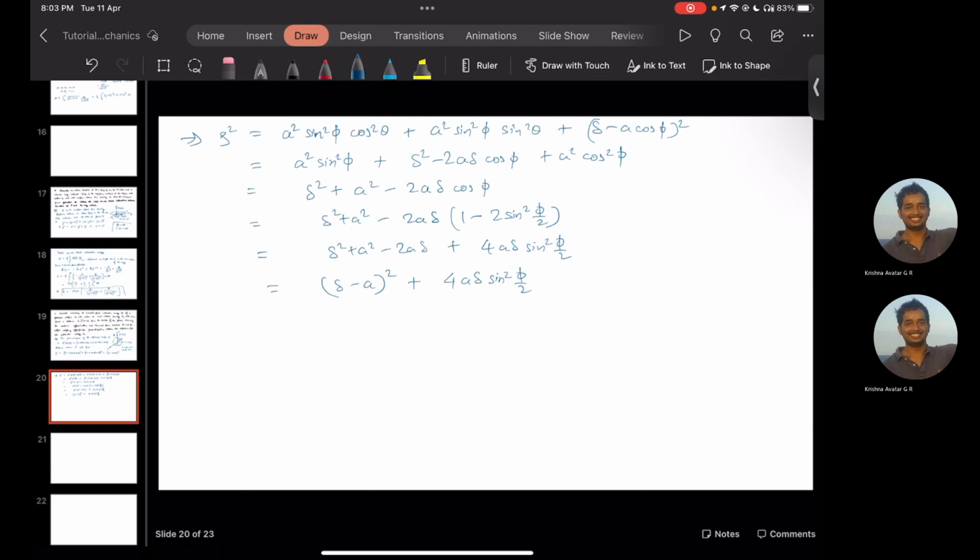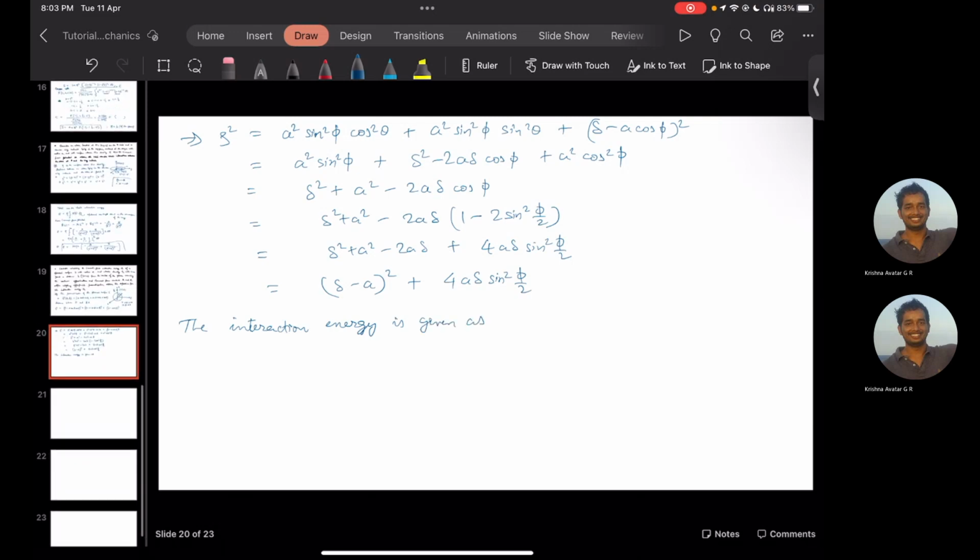Now let's write the expression for the interaction energy. It's given as E_S is equal to, and we were given a surface atomic density as eta_s, an integration over the surface.